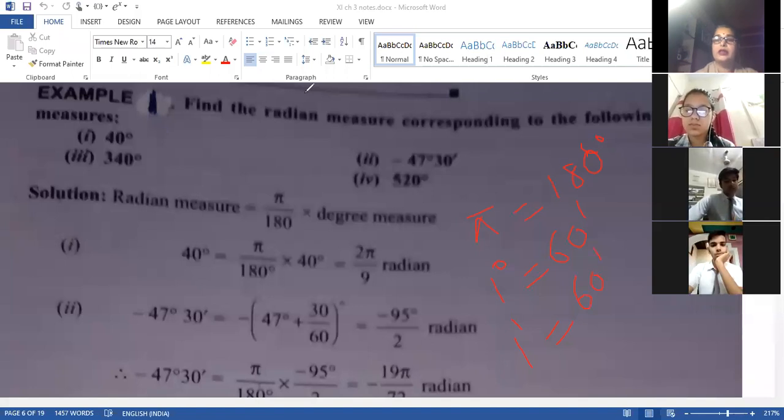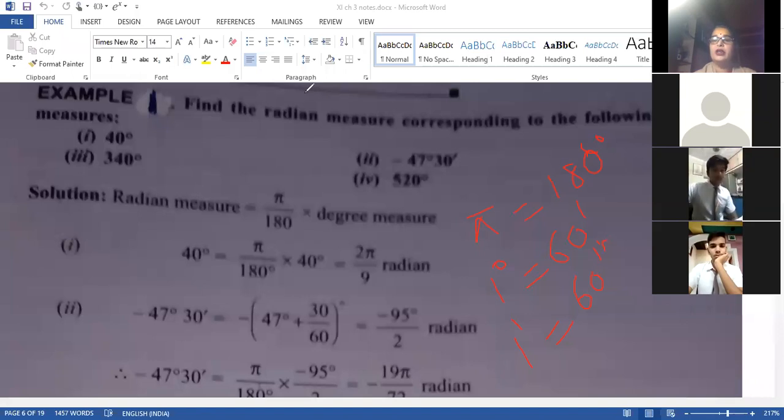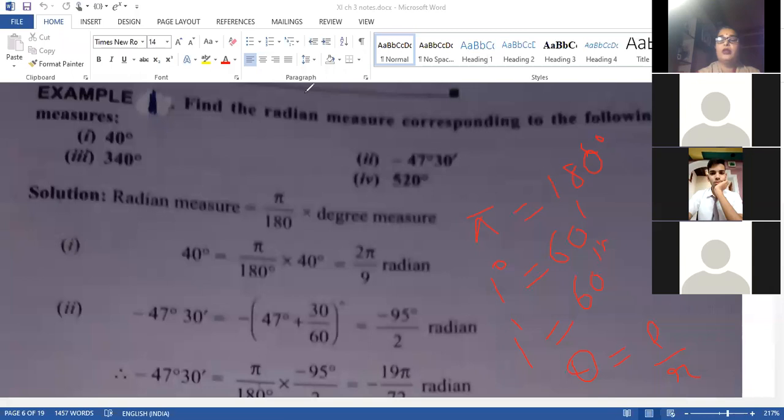And the last one was theta is equal to L upon R. I have explained these four things, and we have studied all four. On the basis of these four things, we'll do the questions now.